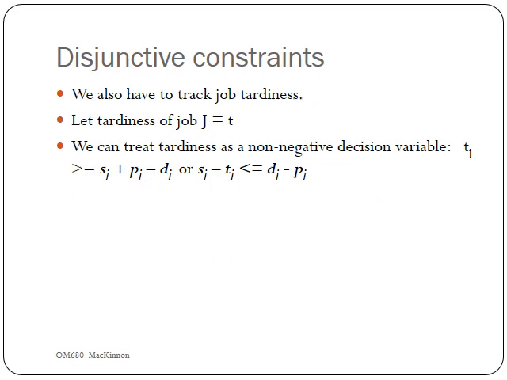So we also have to track job tardiness, okay? So the tardiness of job J is T, all right? We can treat tardiness as a non-negative decision variable, all right?